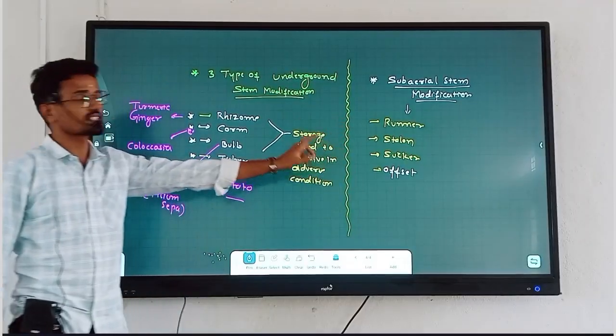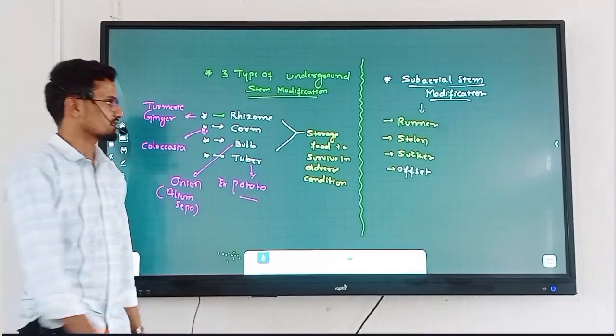These are the four types of subaerial stem modification.